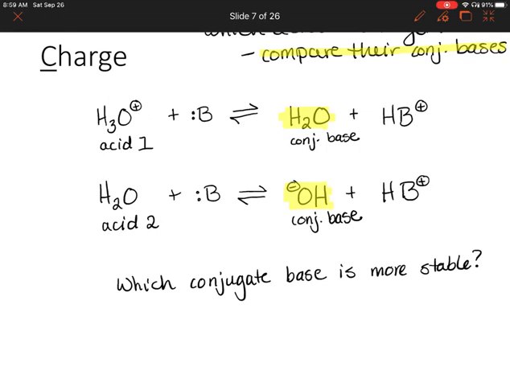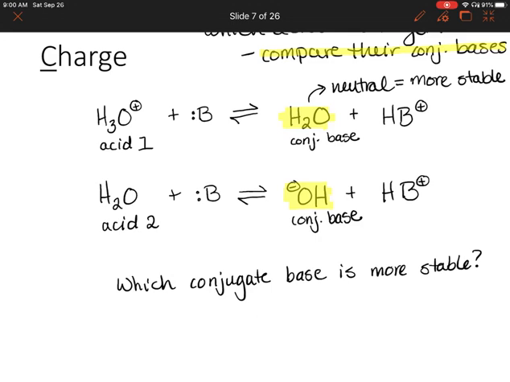So you'll notice that the hydroxide ion does have a negative charge, and most molecules would prefer to be neutral or more stable. So water, because it's neutral, is more stable.